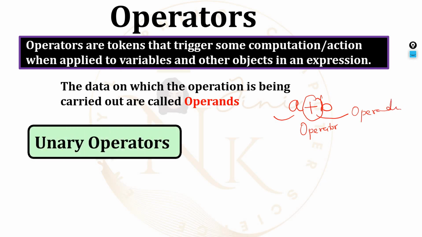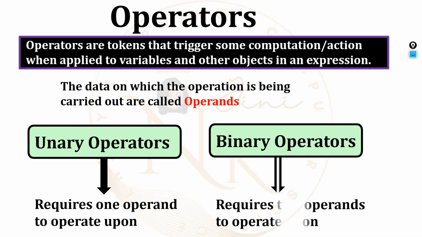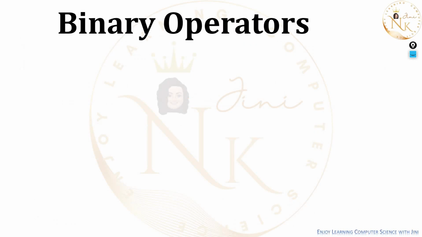So there are two types of operators: unary operators and binary operators. Unary operators operate on a single operand. Binary operators operate on more than one operand, that is, two operands. So a unary operator requires one operand, and binary operators require two operands to operate.